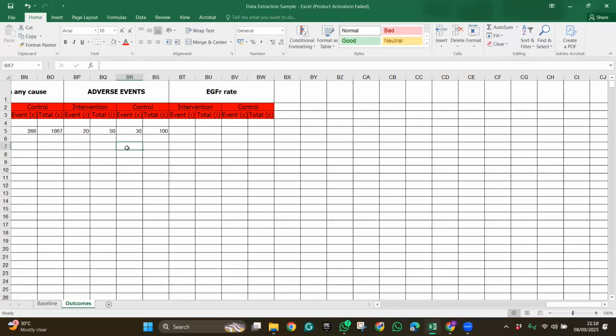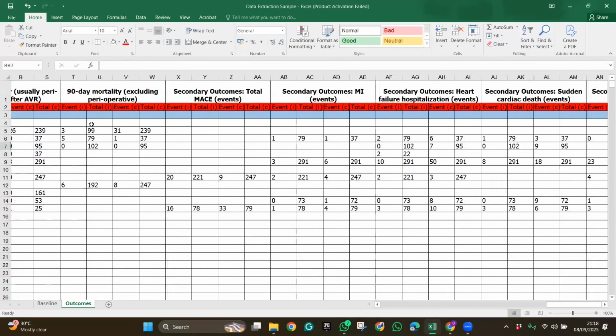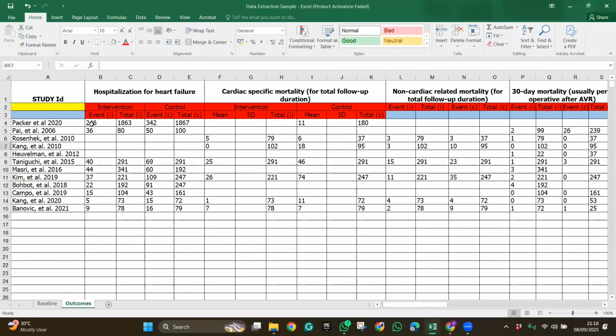Listen, your job is to make the extraction sheet, right? Your job is not to analyze. In the extraction sheet, you have to extract all the possible extractable data that you can find in the studies. It is the job of the one who's doing analysis, or maybe even you can do that. After you're done with extraction, you can simply highlight.